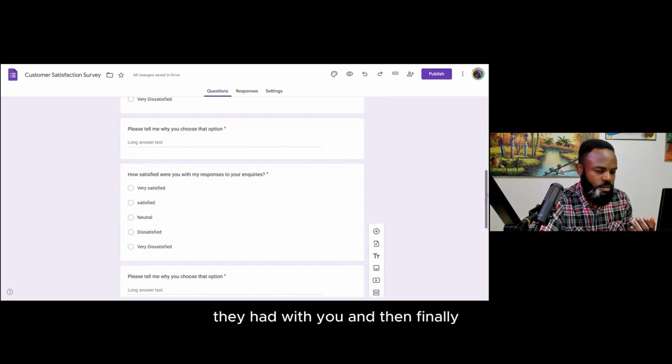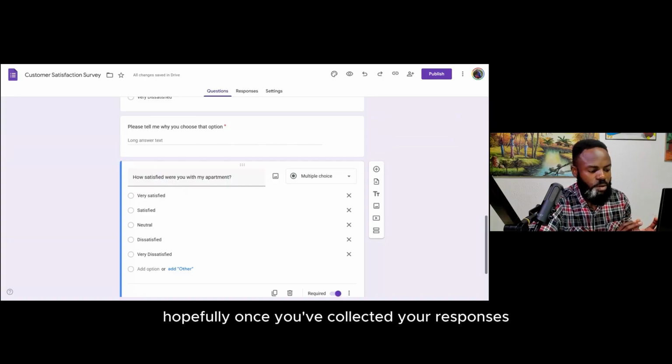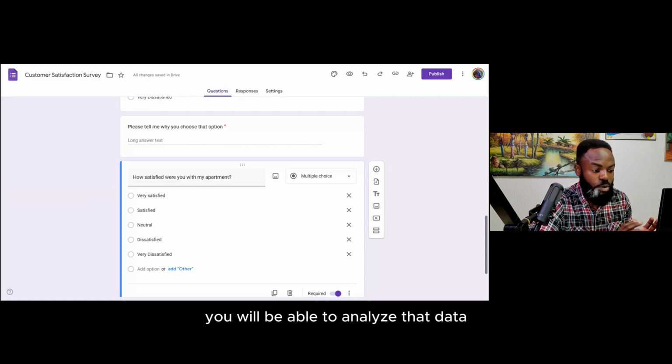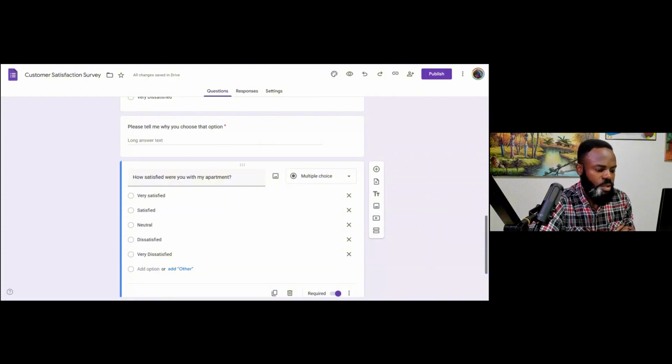And then finally, find out how satisfied they were with the actual apartment. Hopefully, once you've collected your responses, you will be able to analyze that data, make sense of that data, and then plug your insights into your customer journey map.